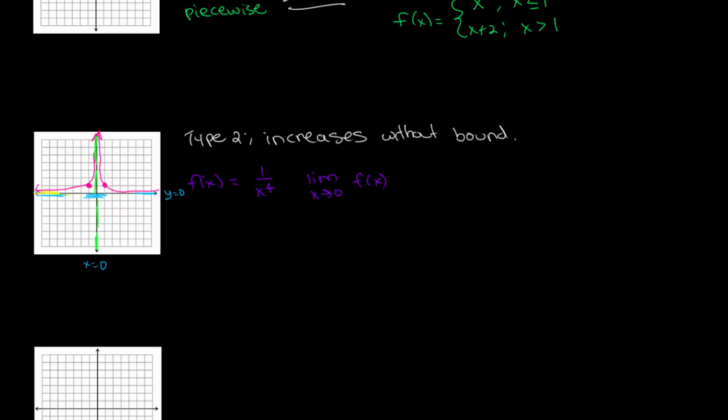So what it means to increase without bound is basically we're approaching infinity. So if you look at the limit as x approaches 0, we see from the left we keep going higher and higher and higher, closer and closer to 0, but we don't quite hit 0, because if we plugged in 0, using direct substitution, we would get 1 over 0, which is undefined.